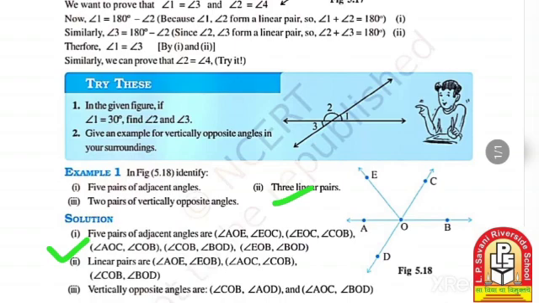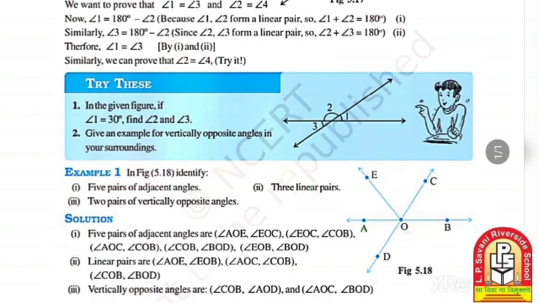Next, the three linear pairs are AOE and EOB, then AOC and COB, and then COB and BOD.